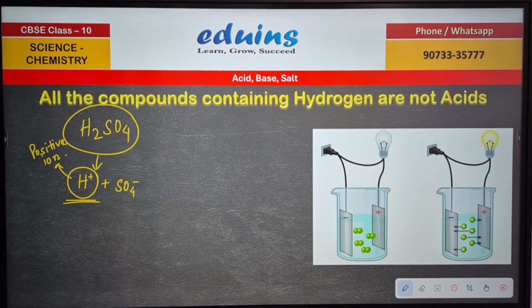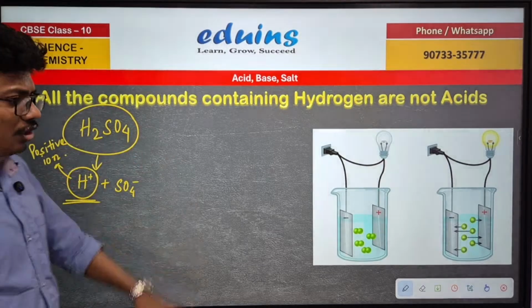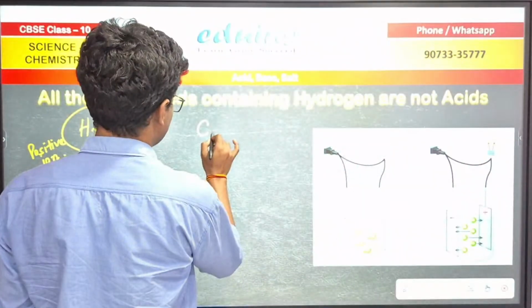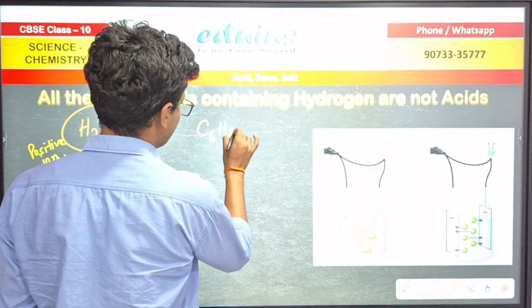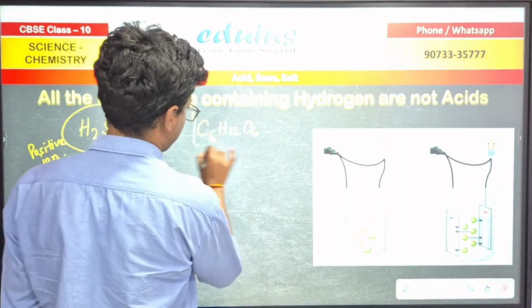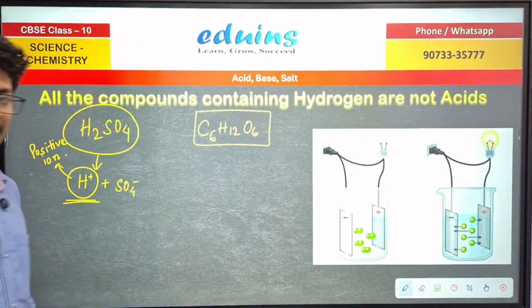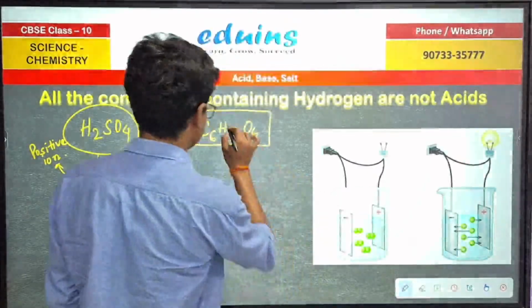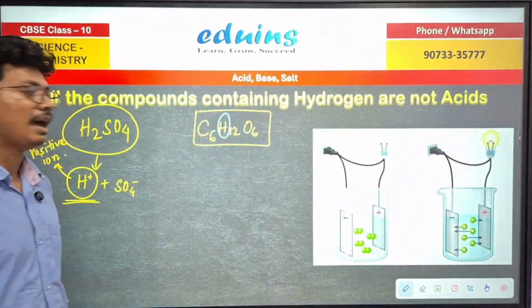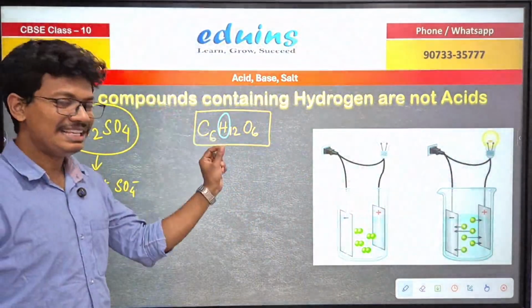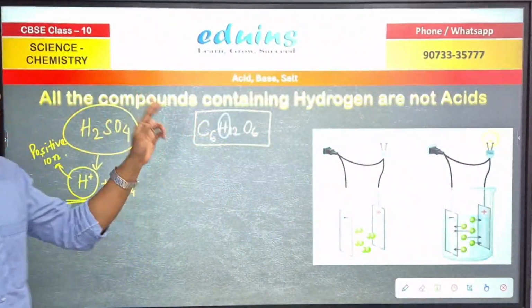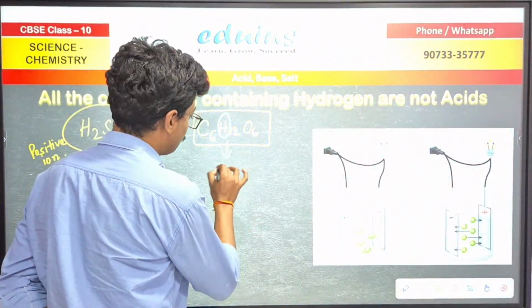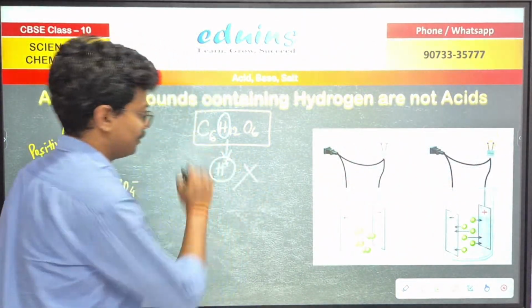Also there are some compounds like glucose, C6H12O6. This is a compound which also contains hydrogen, but it is not able to produce the hydrogen ion.